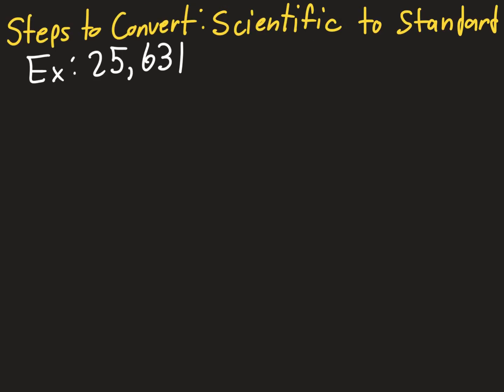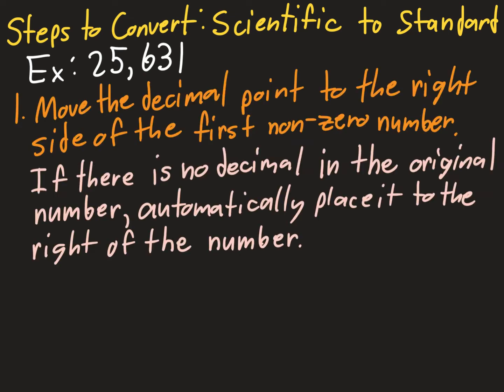Now that we've looked at what scientific notation looks like, let's figure out how to convert numbers written in standard form to scientific form. So let's take the number 25,631 and convert it to scientific notation. First, you must move the decimal point to the right of the first non-zero number.